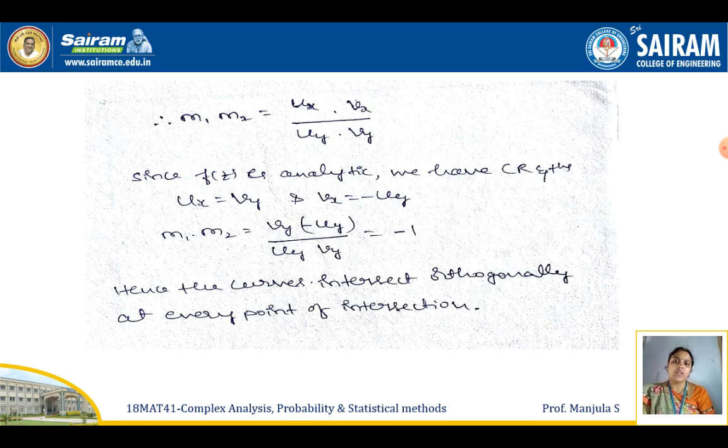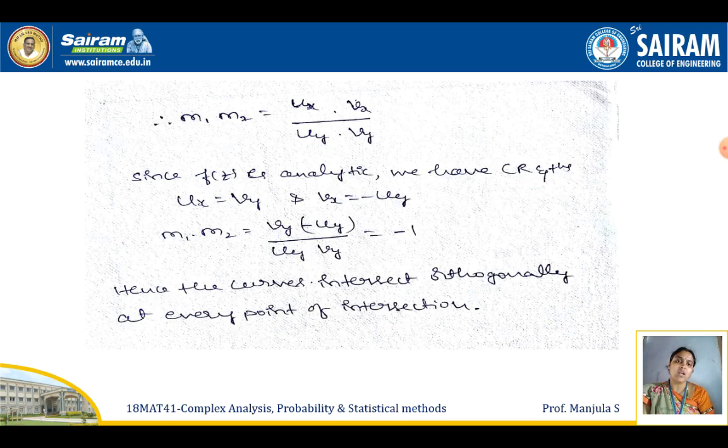Now we go for the multiplication of these two slopes, m1 into m2, where m1 is ux divided by uy and m2 is vx divided by vy. Now the substitution is over, and we have to do the simplification. Anyhow, in the next statement itself they have clearly given that f of z is analytic.